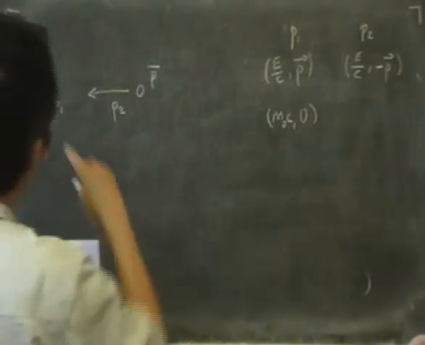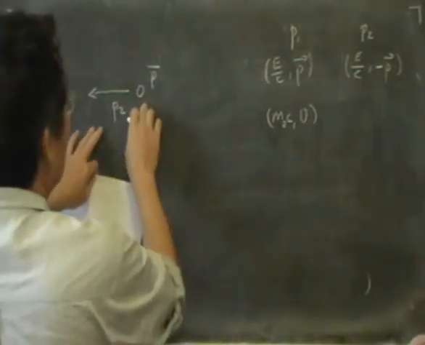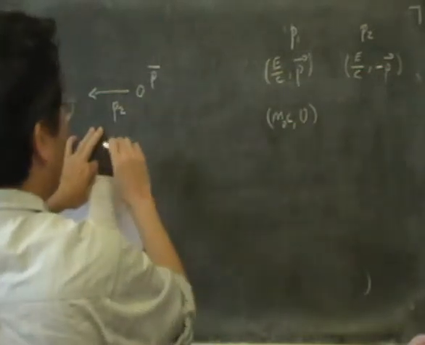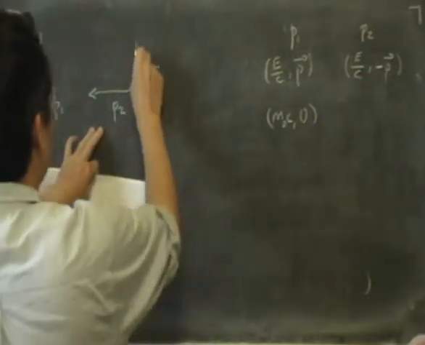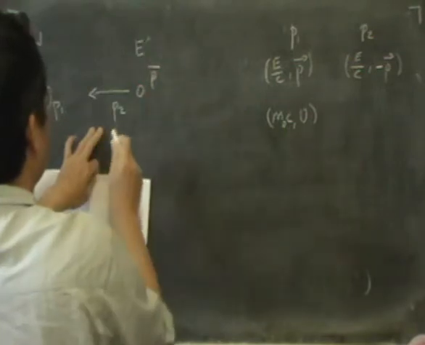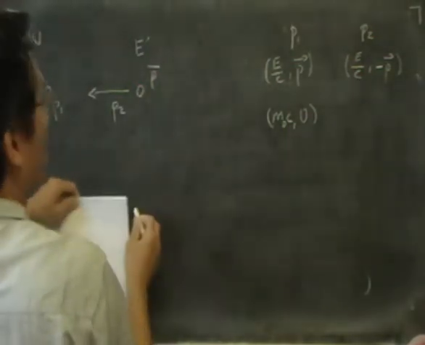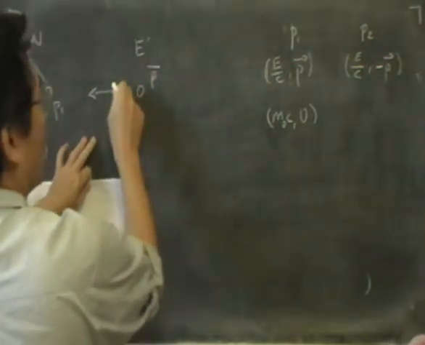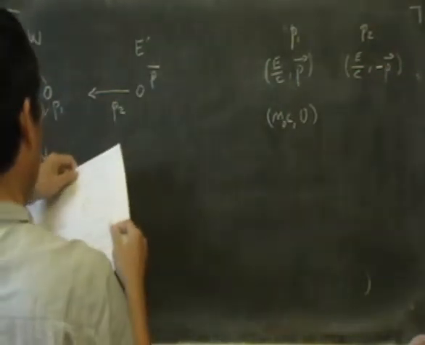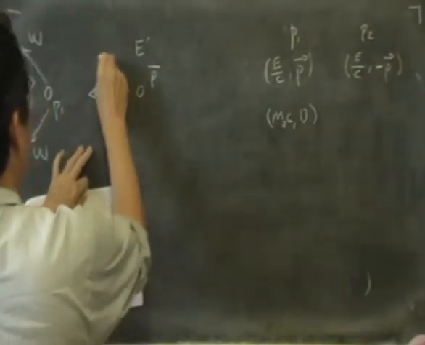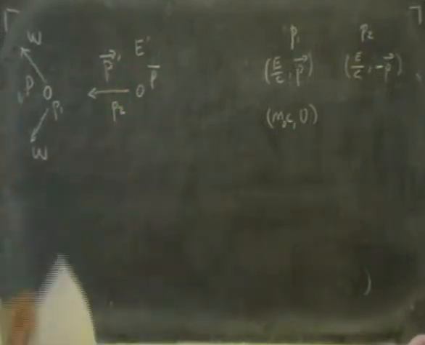Now this time, the energy I need would be different for this proton. Let me call it E prime, and I'll call the three momentum P prime.